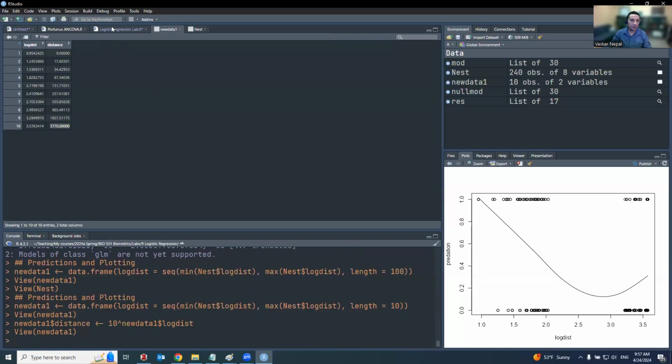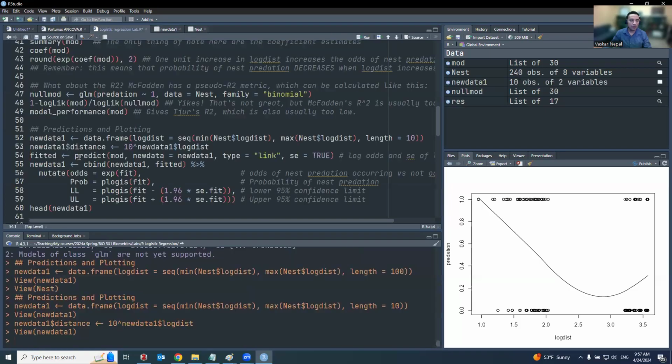So we have lots of values. Now, for all of those values, we make predictions. Okay, so we use the function predict. For it, we provide the model object mod, and then we say make predictions at newdata one. newdata is the name of the argument. newdata1 is the name of our data frame.